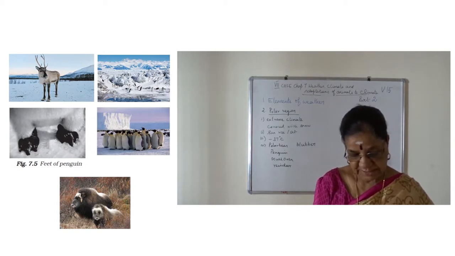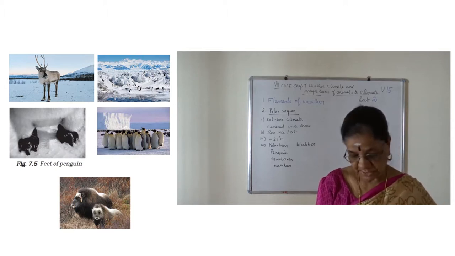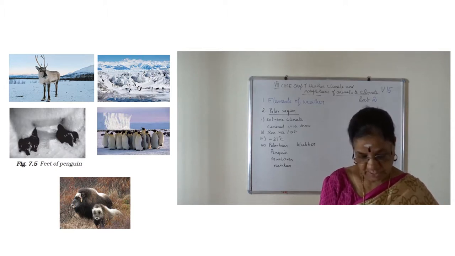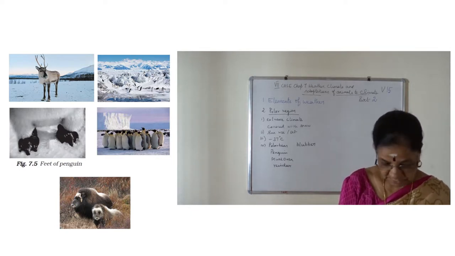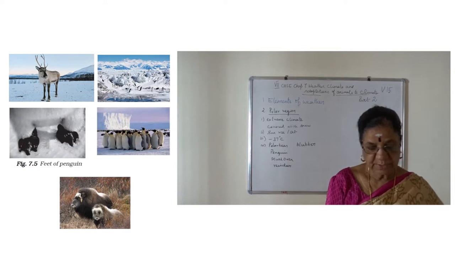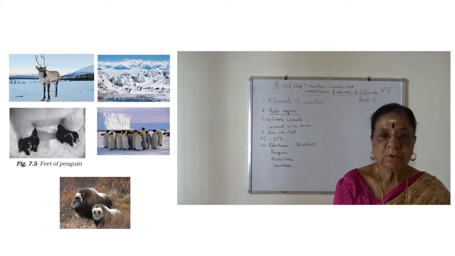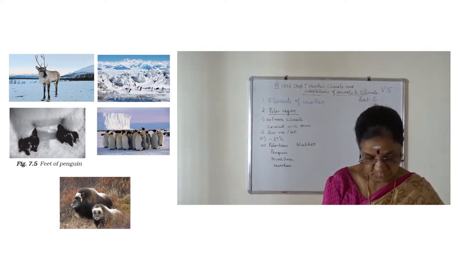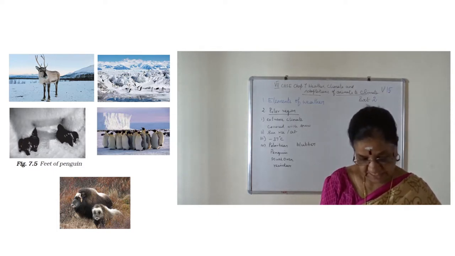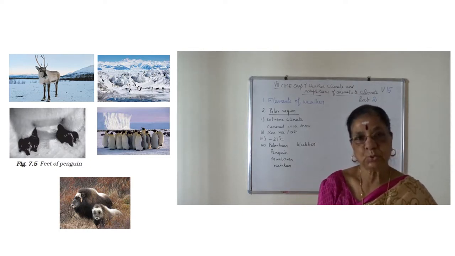It also makes it hard for predators to spot them against the white background of the snow. Predators means the enemy that hunts them for food, so the white fur makes it hard for predators to spot them against the snow.